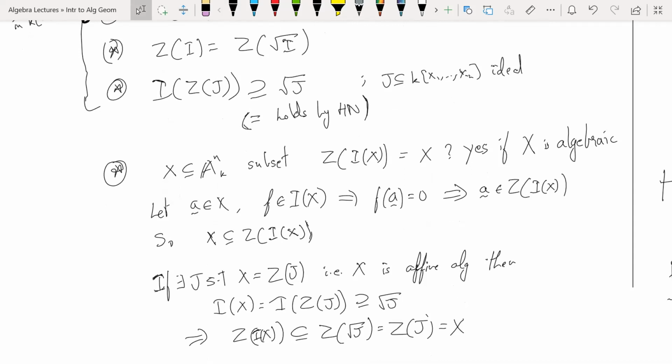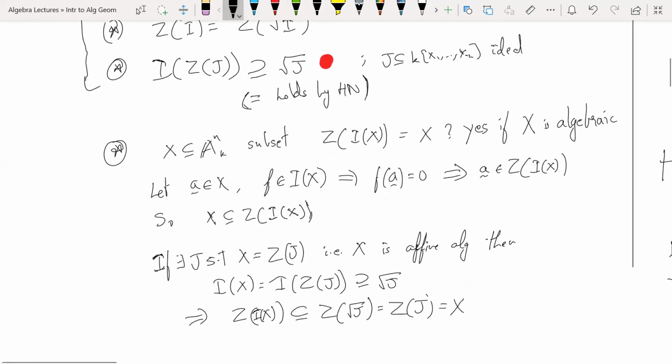I of X is I of Z of J, and this we have already shown contains the radical of J. Then we apply this inclusion reversing property. So the zero set of I of X will be contained in the zero set of the radical of J, but that is the same as the zero set of J, which is X. So we get the other inclusion as well.